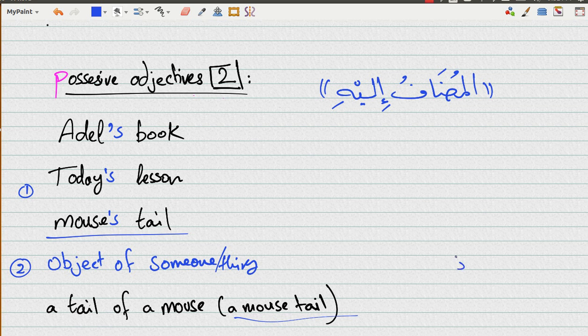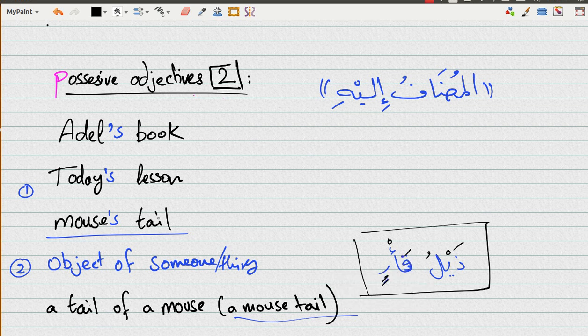I would say ذيل فأر. While here I say ذيل الفأر.